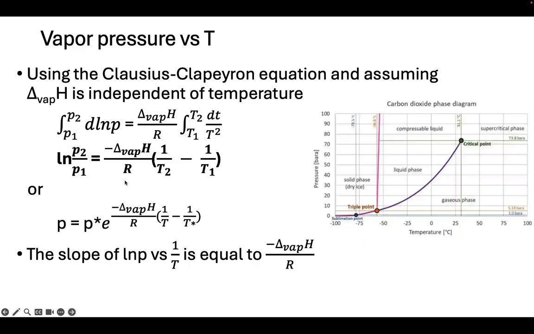P is equal to whatever it was at the triple point times e to the minus delta, this whole thing here, and then it's 1 over T. So it's not with T, it's with 1 over T. But anyway, it ends up looking kind of exponential. But really, if you take the natural log of pressure versus 1 over T, it would be a straight line.